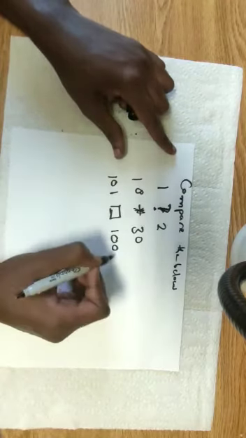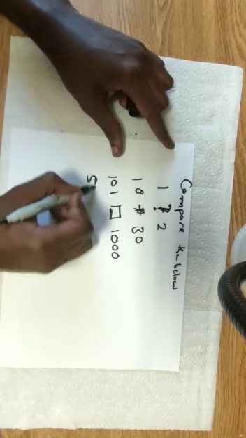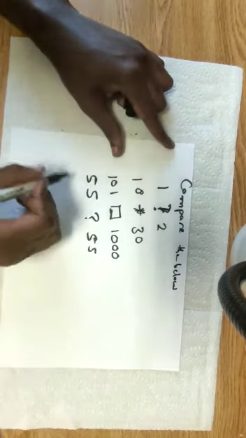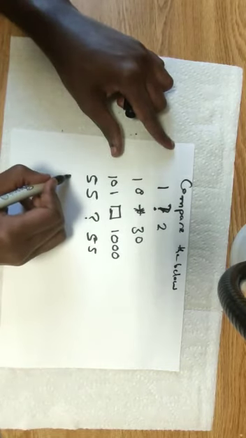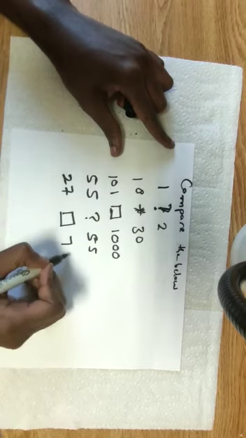Or say 55 compared to 55, and then say 27 compared to 72.